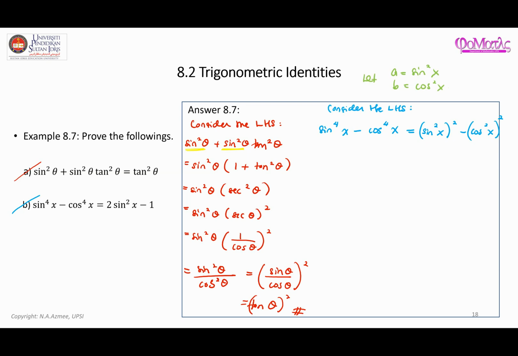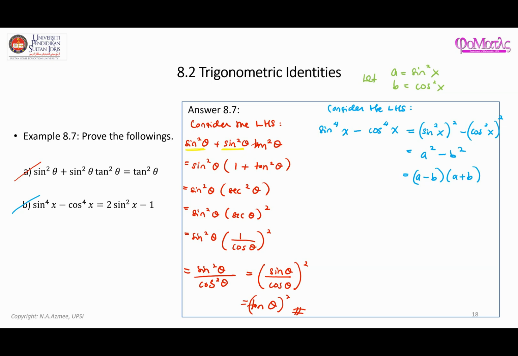So now I can write down the next step: this is just a squared minus b squared. This brings a simple look to you guys, and maybe by doing that you can easily see that the expression here can be factored into a minus b and a plus b.